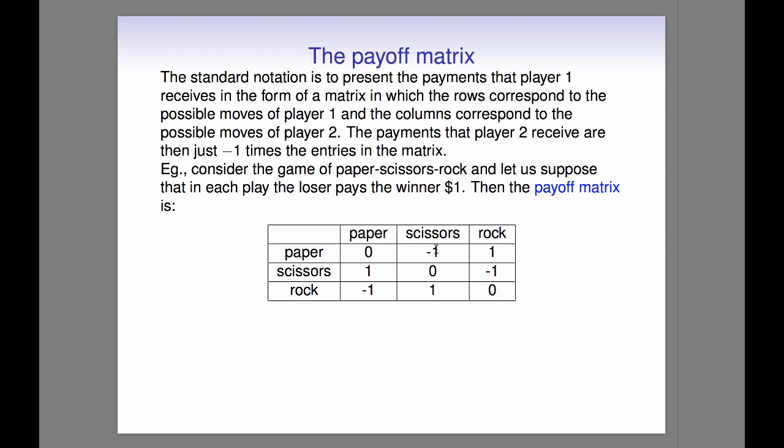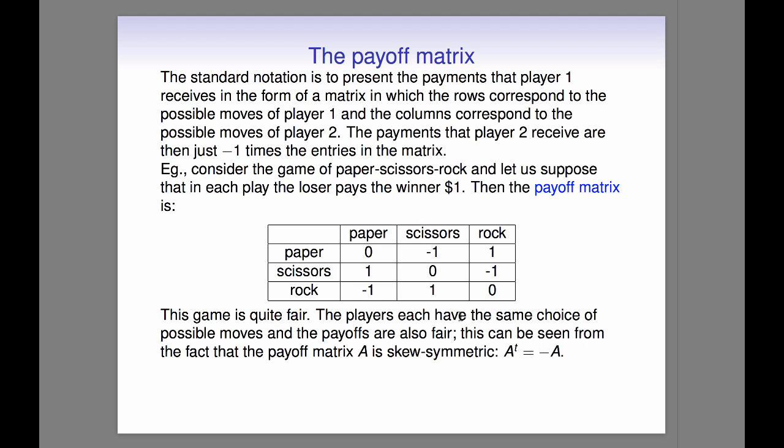On the other hand, if player 2 plays scissors and player 1 plays paper, player 2 wins $1 and player 1 loses $1. If they both play paper, there's neither a win nor a loss to either player. So for any kind of game like this, you can set up the payoff matrix, and then we work with this matrix to obtain the best possible move for the players.